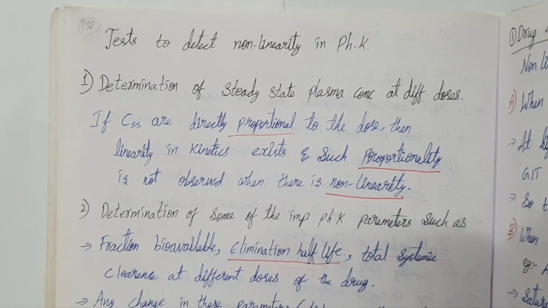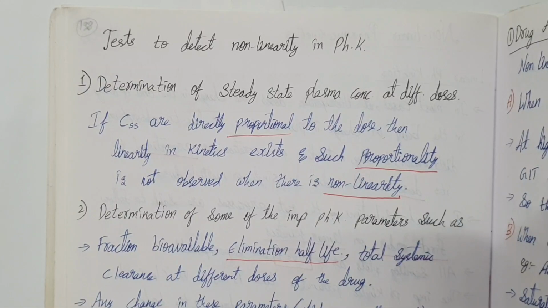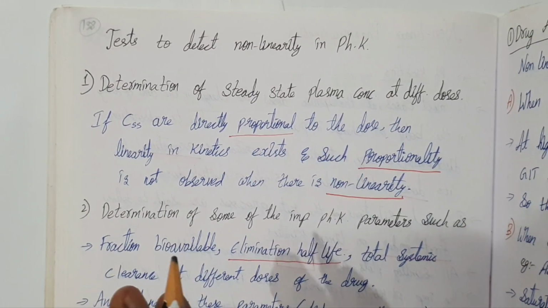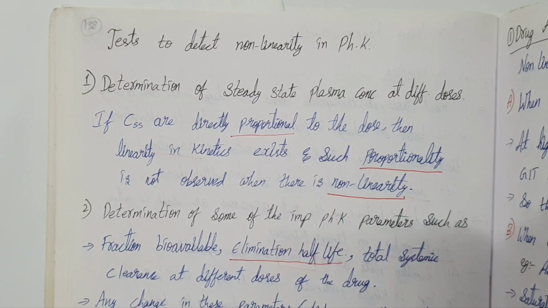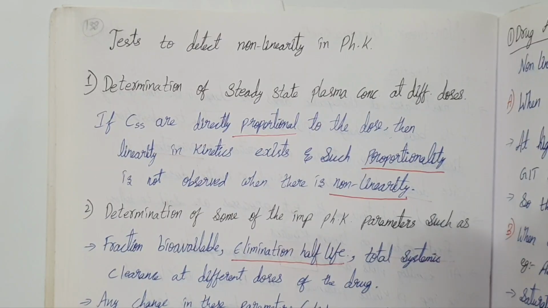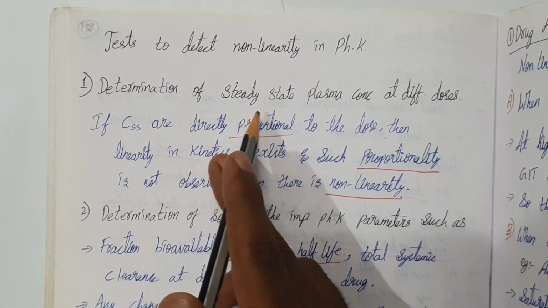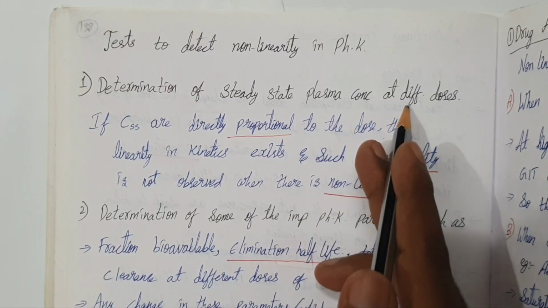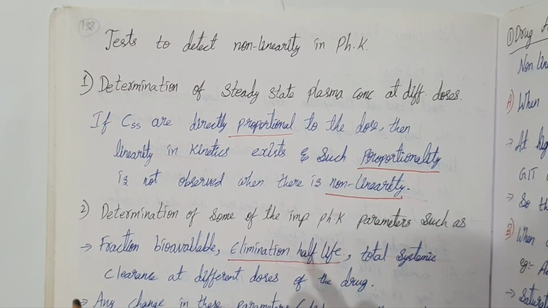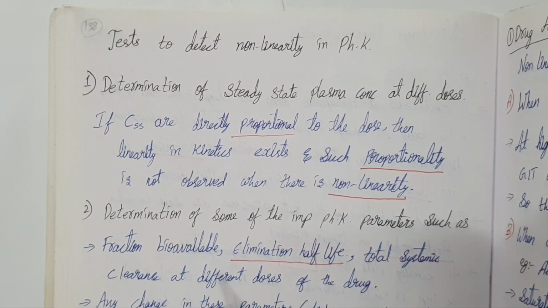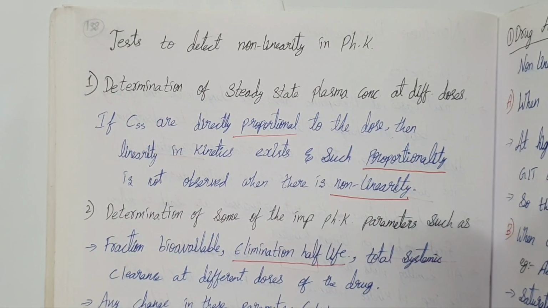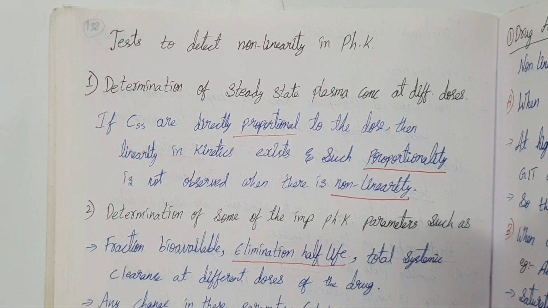Now, how to detect this non-linearity? There are two simple methods. First one is determination of steady state plasma concentration at different doses. Measure steady state plasma concentration at different doses.